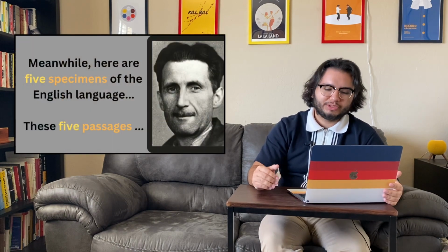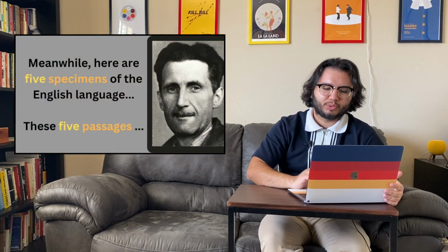Literally just repeat it. The example I'm going to give you right now is from George Orwell, in probably his most recognized essay, Politics and the English Language. You'll see here that he's really using the word "five" and "specimens" to get his idea across.